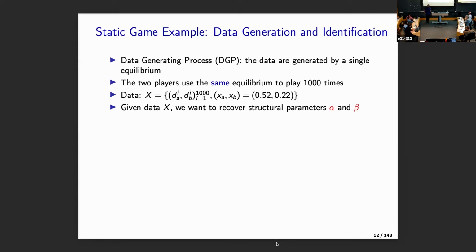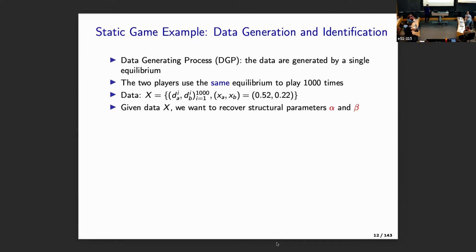We're going to do that one by one. We're going to assume that these 2 players use the same equilibrium and they play it 1,000 times. So we have a data set that consists of the actions of the players, these discrete choices, 1,000 times, together with X that we're just going to keep fixed.